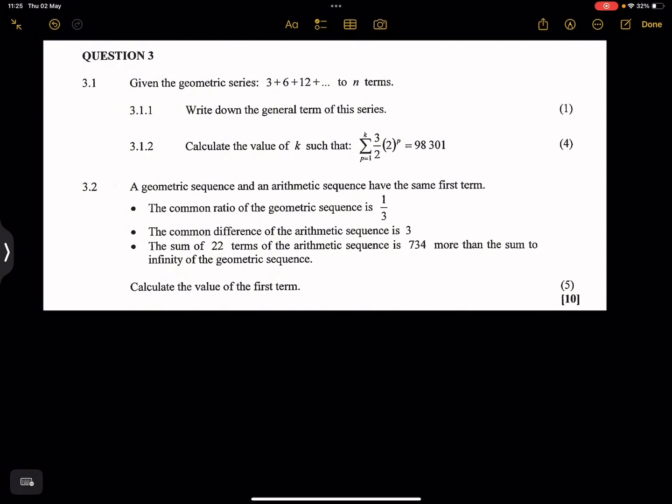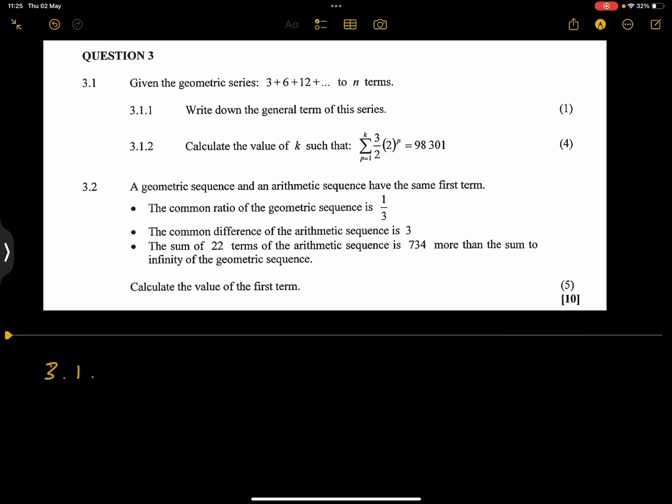Okay, just like the arithmetic sequence or the arithmetic series, we need to know what our a value is. Our a value is 3. Right now, remember that the common ratio for a geometric series, in this case, we simply say T2 divided by T1, or any term divided by the preceding one.